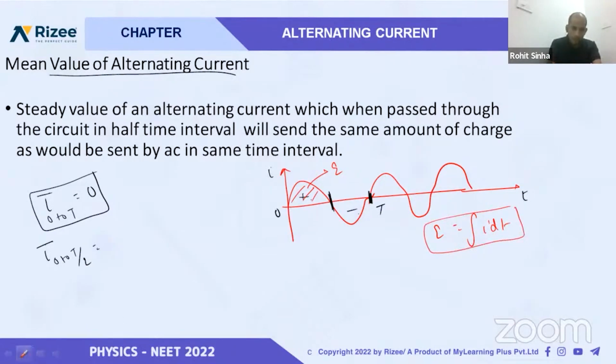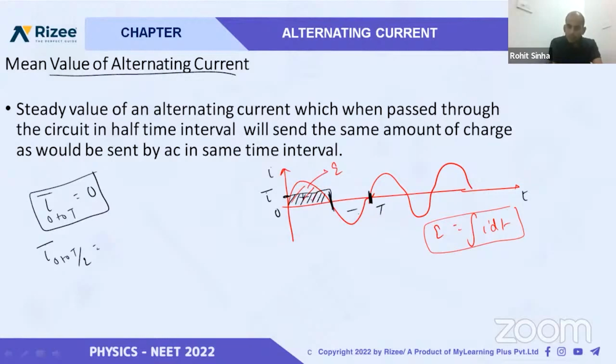Now we define average current like this. We say it is the steady, constant value of current, say I bar, such that the area enclosed by this steady current is equal to the area enclosed by this red one.